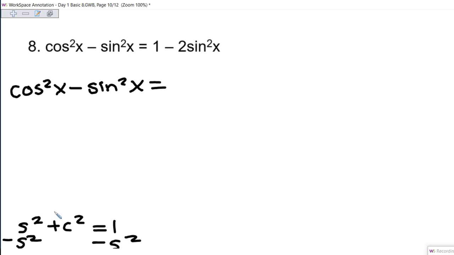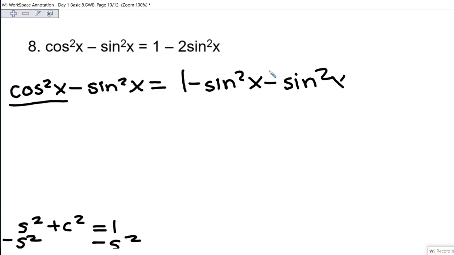So that gives me cosine squared is equal to 1 minus sine squared. So instead of cosine squared, I'm going to replace it with 1 minus sine squared. Then I have minus sine squared of x and what does that equal?